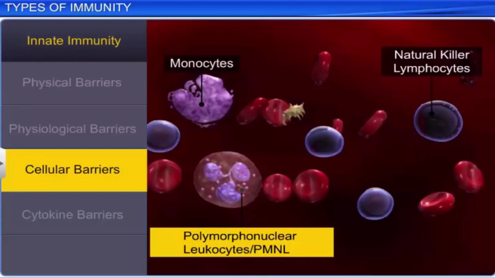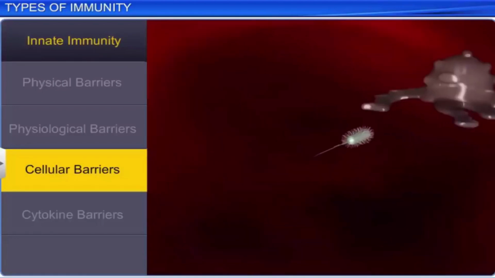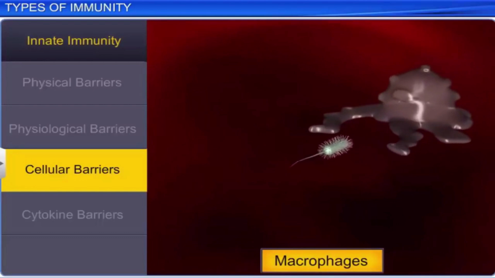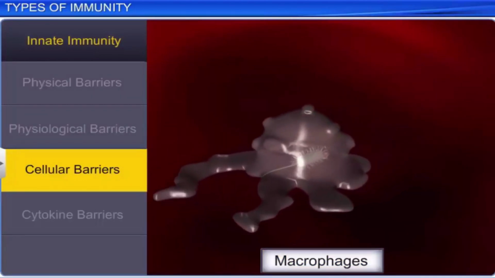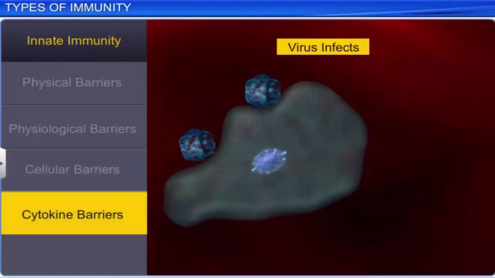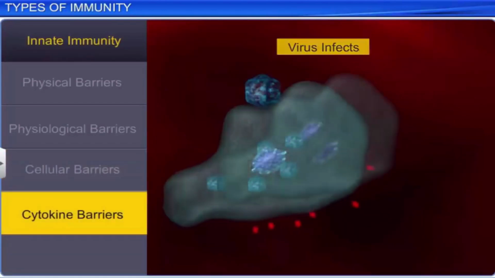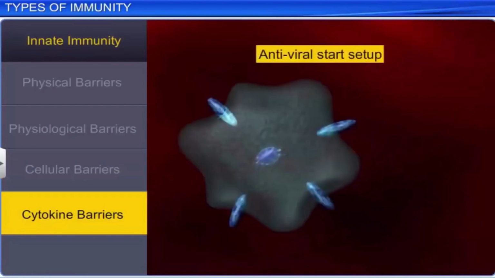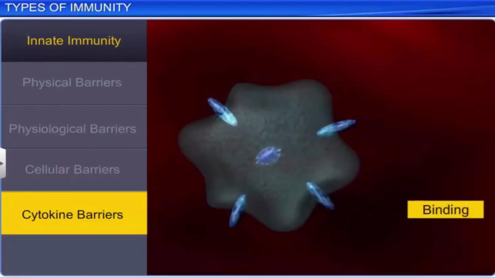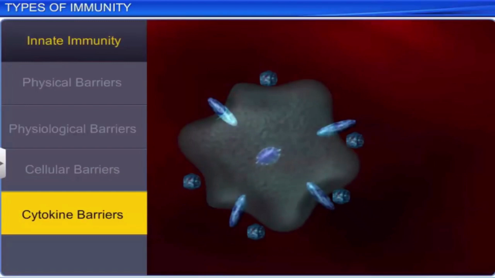Together, they constitute a cellular barrier, along with macrophages in the tissues. They can also destroy microbes. Some virus-infected cells release proteins called interferons that prevent the spread of infection in the body, thereby acting as cytokine barriers in the body.